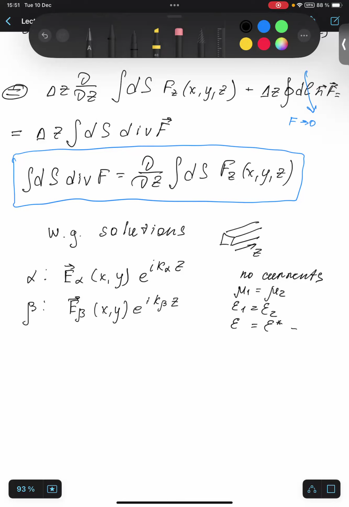It means we have no losses in our waveguide, just for simplicity to show how it works.